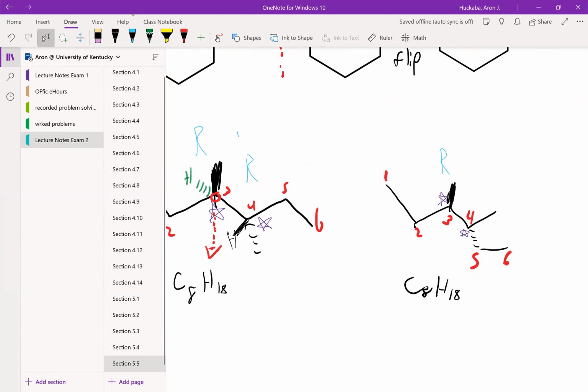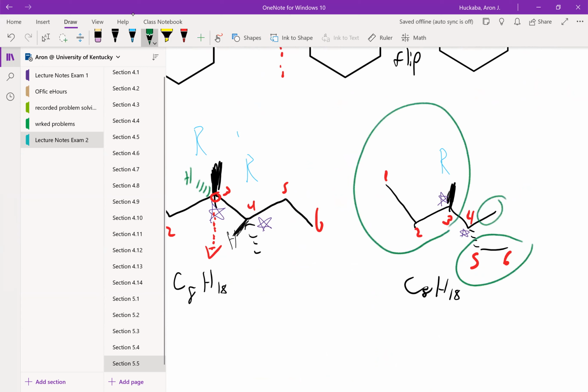Okay, so once again, the second carbon. How many substituents do we have? We have 1, 2, 3, and again, this hydrogen on the wedge makes 4. Okay, so the 4th priority is hydrogen, of course.